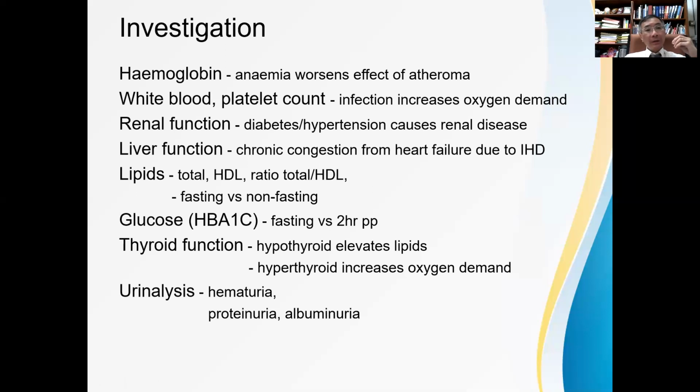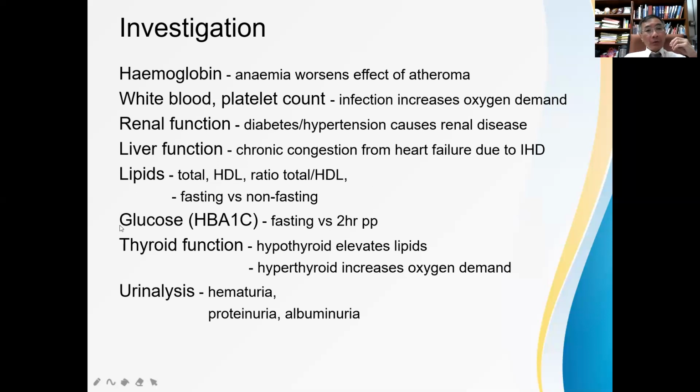So if you want to calculate the LDL level, then you need fasting lipids. However, total and HDL cholesterol level are not affected by fasting, and so even in the non-fasting state, you are able to work out the total, HDL and the total to HDL ratio of cholesterol.